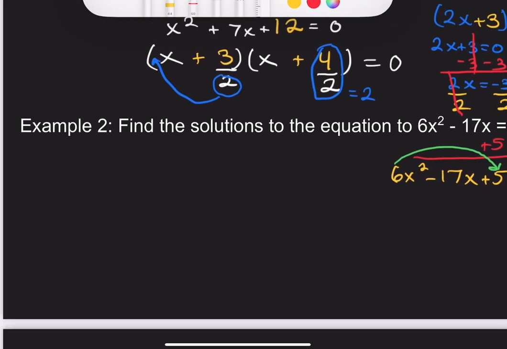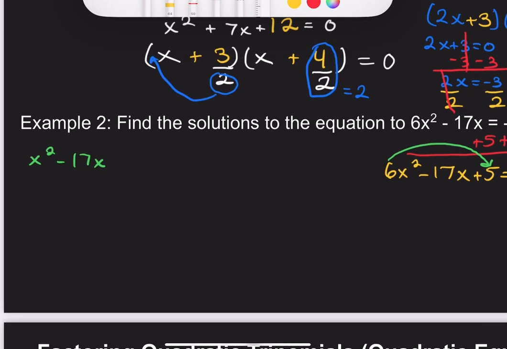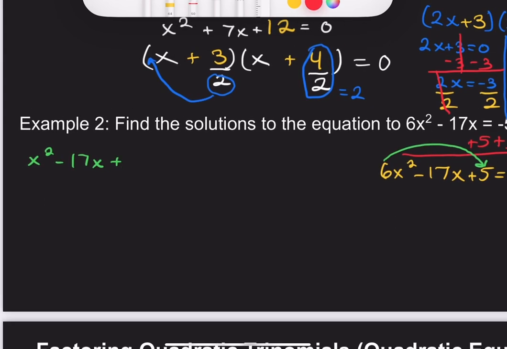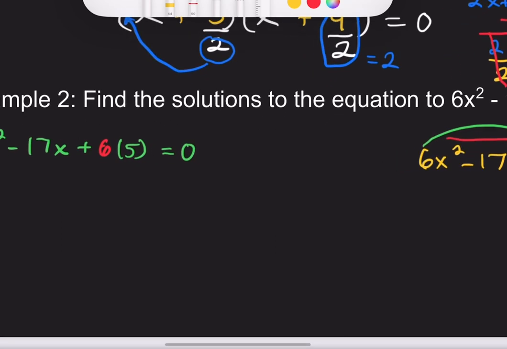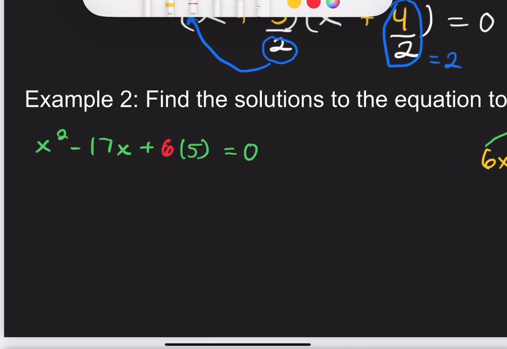So when we do that, we now have x squared minus 17x, and that's going to be plus that 6 that we just moved over, times 5, and that is equal to 0. Six times 5 is 30. Bring down everything else: x squared minus 17x plus 30.